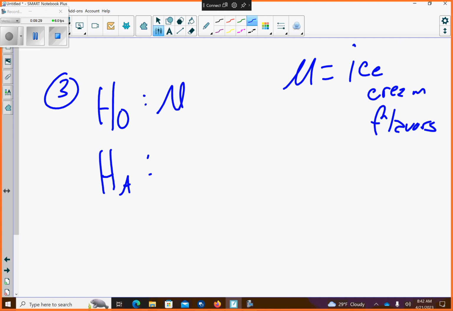So we could say that mu is equal to the expected, and then we could say that mu is not equal to the expected. So this basically becomes a two-tailed test.